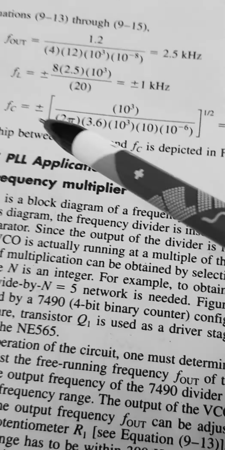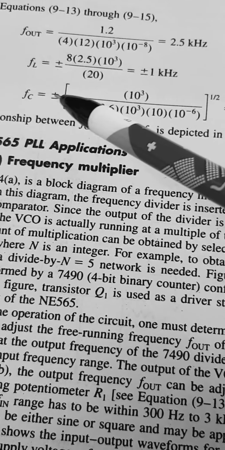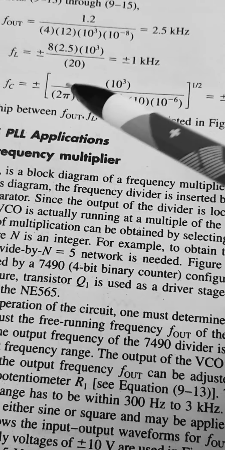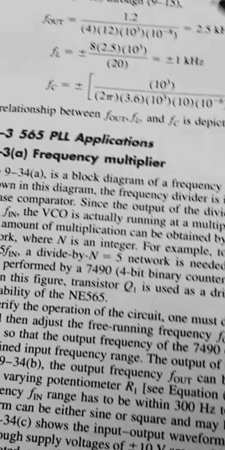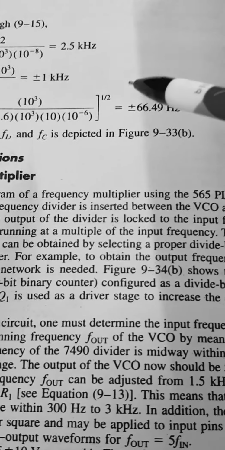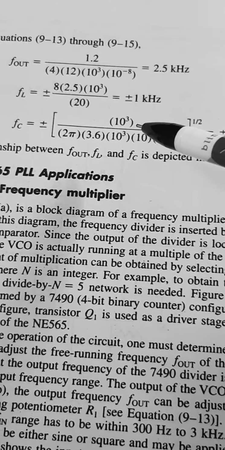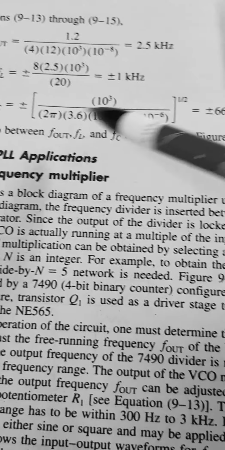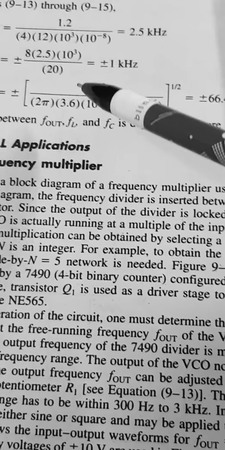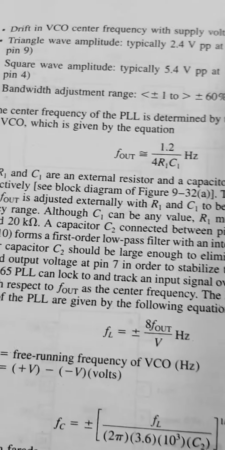Next you need to calculate the capture range. The capture range is calculated by plus or minus FL. FL you got as 1 kilohertz, and the magnitude you have to consider, that is 10 to the power of 3, divided by 2 pi 3.6 into 10 to the power of 3 into C2.